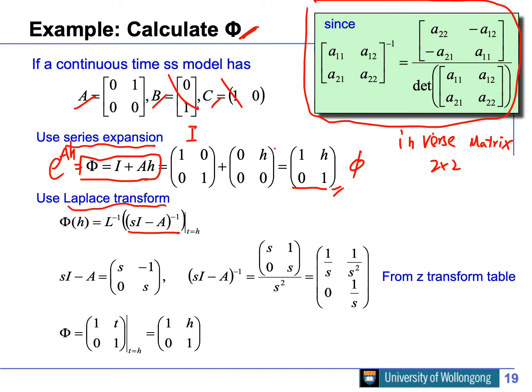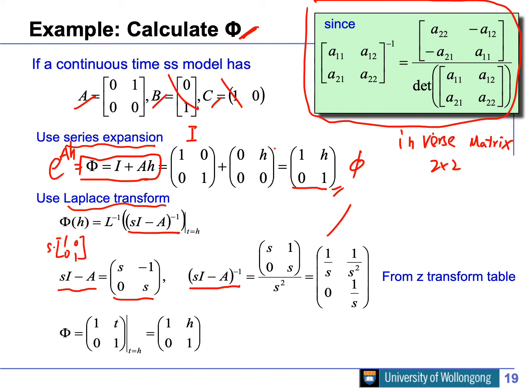Okay, let's start from SI minus A. That's inside there. SI minus A: I is 1 1 0 0, times S. Minus A is over there on the top. So this is SI minus A, and we have to do an inverse of this 2 by 2 matrix.